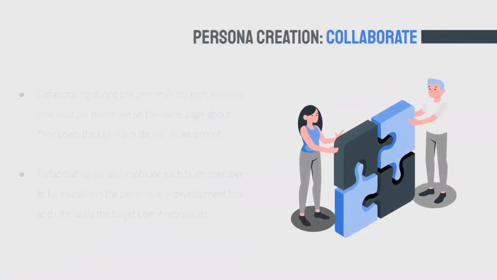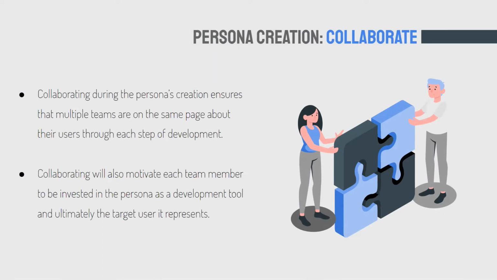As I've said, it is really important to make sure that cross-functional teams are involved in the process, not just because, like I've said, it helps bring everyone up to speed and on the same page about who they're designing for, but when it comes to actually developing and writing out the personas and doing research for them, making it a collaborative effort makes sure that everyone is invested in the persona and in the user, and ultimately they care about not just the success and the utility and being able to use the persona as a tool, but they also then take that into account when thinking about who their user actually is, and always have that in mind when designing and working in their own expertise niches.